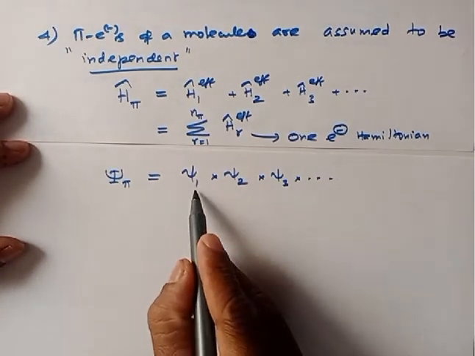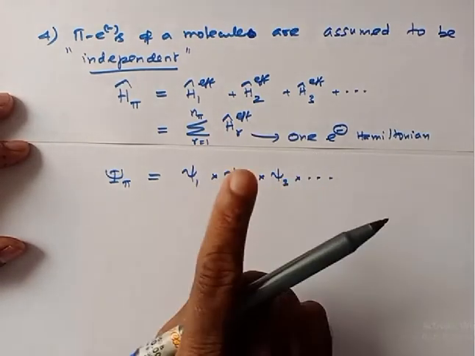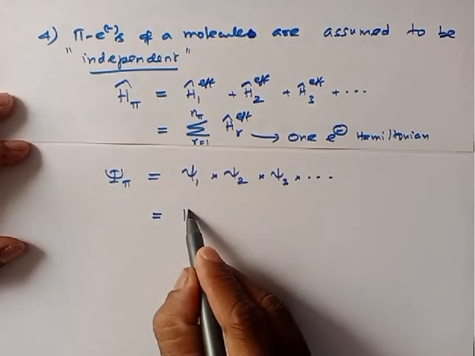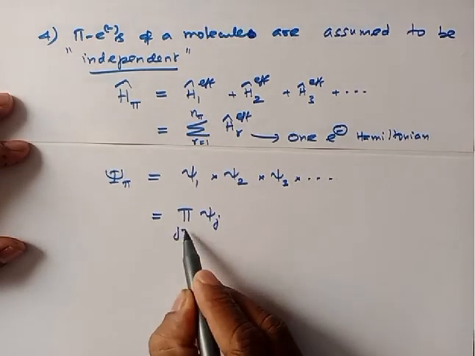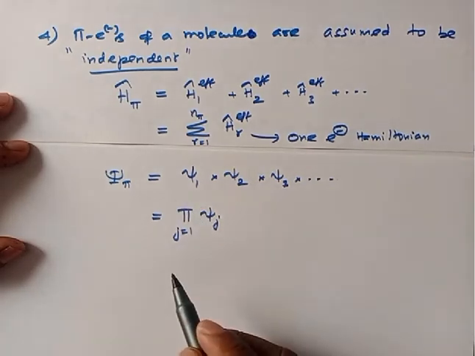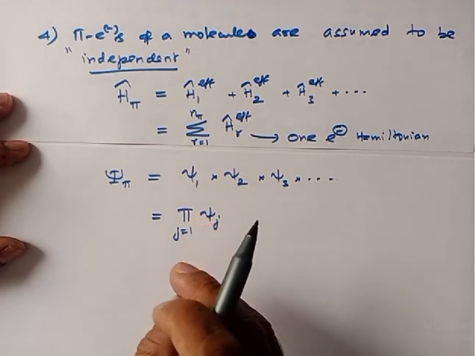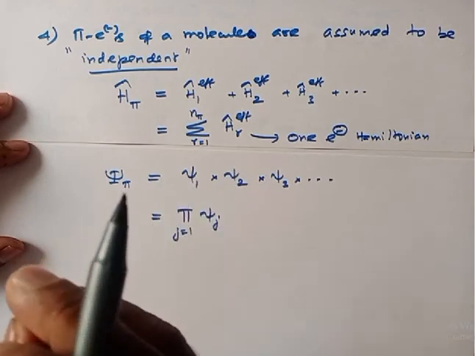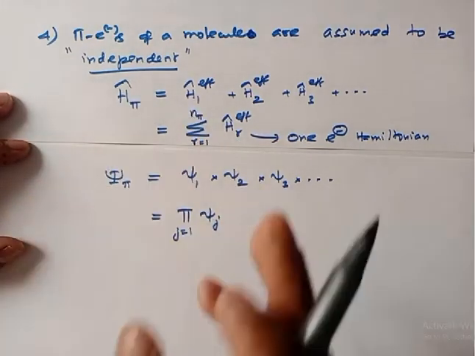So what are psi 1, psi 2, psi 3 here? Psi 1, psi 2, psi 3 are the one electron wave functions of the molecular orbitals. So I can write this as the product of psi j, where j goes from 1 to the number of carbon atoms present in the molecule, the number of carbon atoms which share the atomic orbital, the electrons of the atomic orbital in the pi framework.